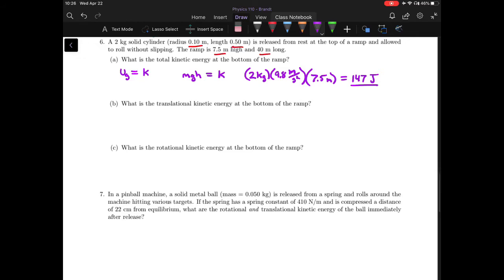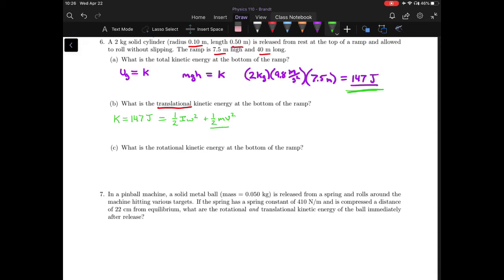What is the translational kinetic energy at the bottom of the ramp? For this one in particular, we're looking at translational kinetic energy. We know our total kinetic energy, K, is 147 joules from up here. And now we know that that has to be equal to both types of kinetic energy: 1/2 I omega squared for our rotational kinetic plus 1/2 mv squared for our translational kinetic energy.